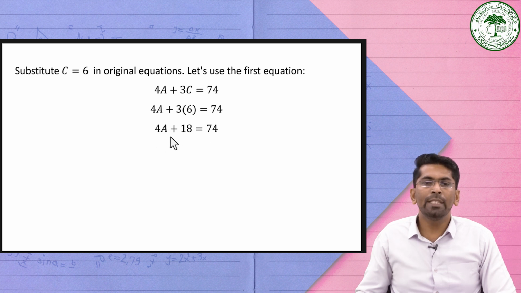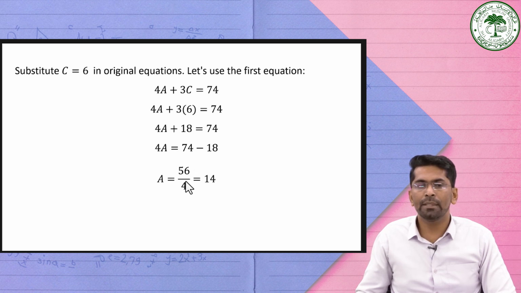I isolate 4A, so 74 minus 18. Then dividing both sides by 4, A is equal to 56 divided by 4, which is equal to 14.